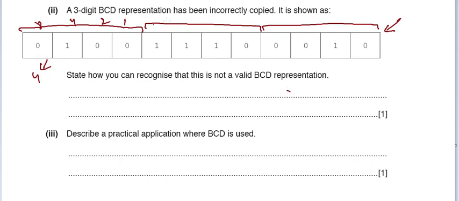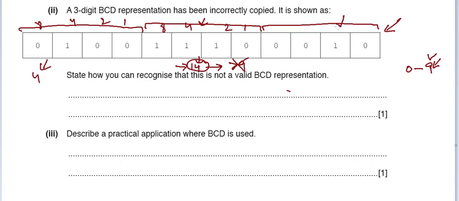When we convert this by applying weights, 1, 2, 4, 8, this comes out to be 14, and we can instantly see that there is a problem, because a BCD value can only be between 0 and 9. If a nibble equals any value greater than 9, then that is an invalid BCD number. A BCD digit cannot be bigger than 9.